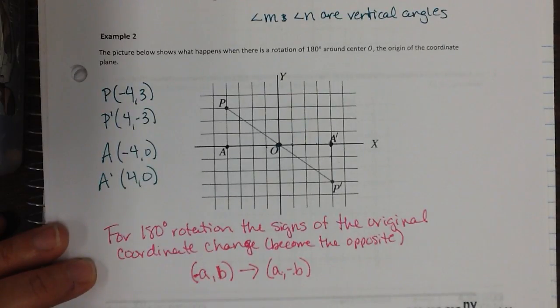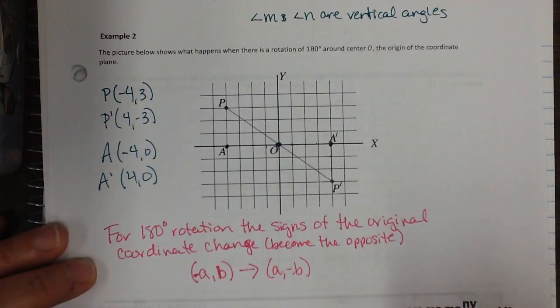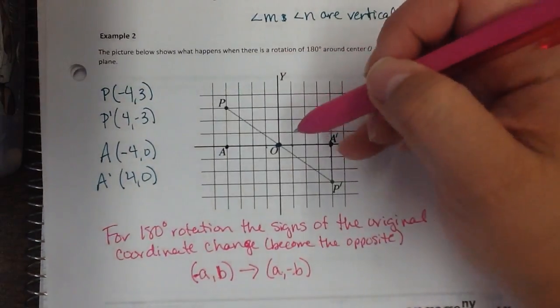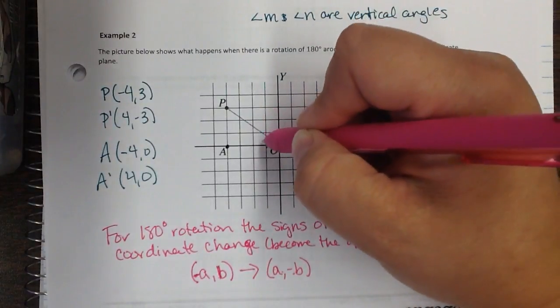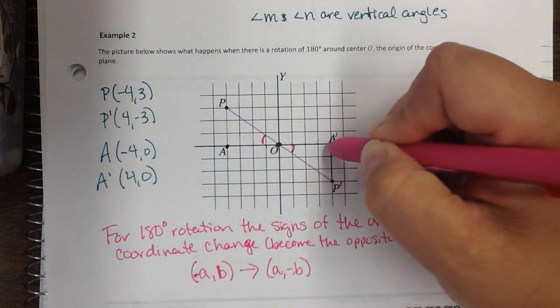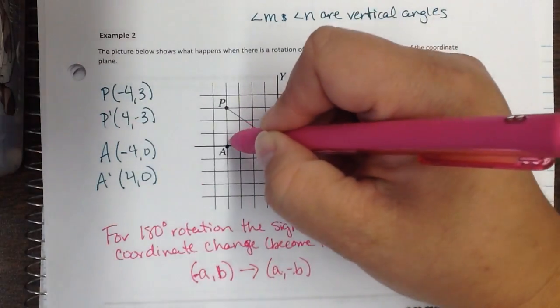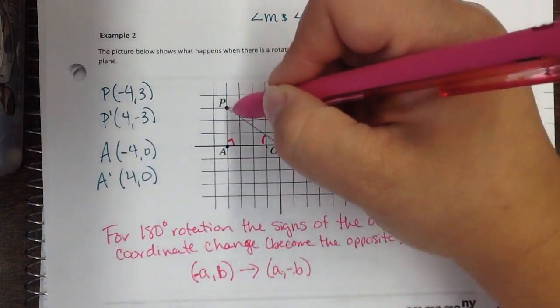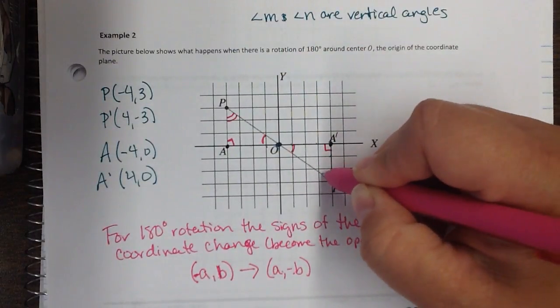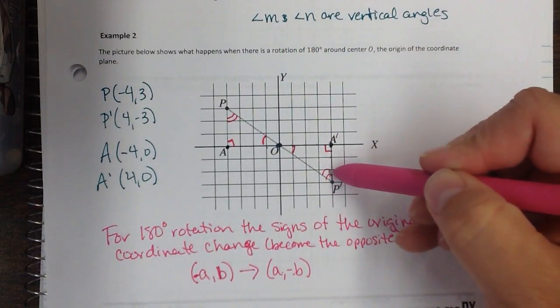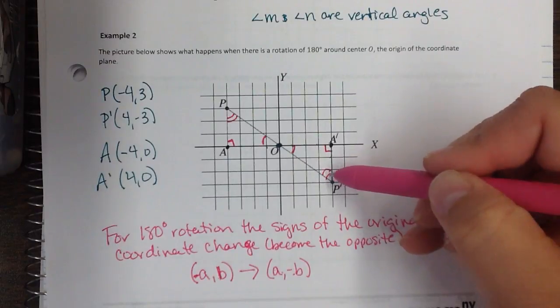And just like before, any angles that were the same are still the same. So this angle is the same as this angle. This was a right angle, so this is a right angle. This angle up here is the same as this angle down here. When I put the same number of arc marks, those are called arc marks.